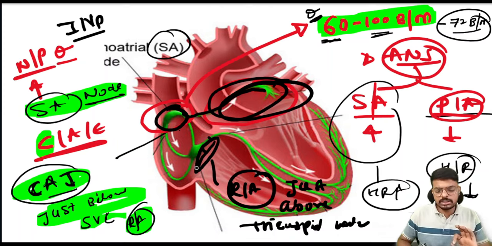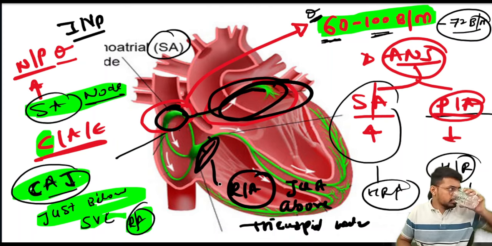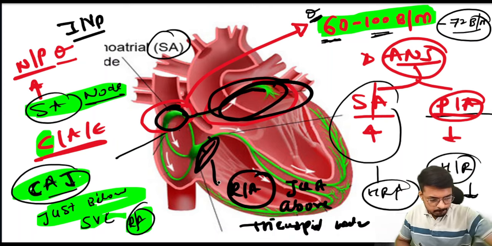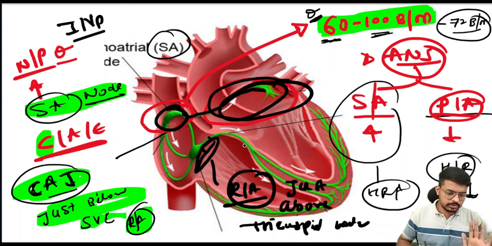So this is what we call as the tricuspid valve, which is present between the right atrium and the right ventricle. In between the right atrium and right ventricle, which valve is there? Sorry, that is the tricuspid valve. So the AV node is just present above the tricuspid valve. It is very important. All you people have to know about this one, right?